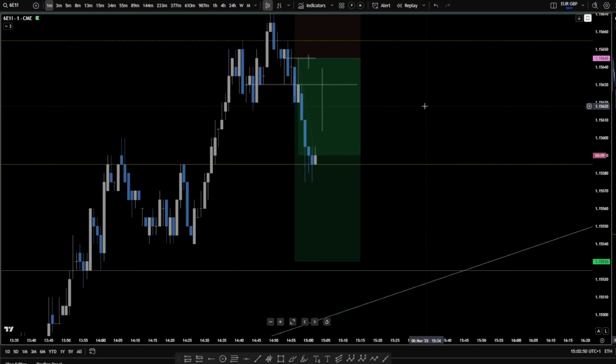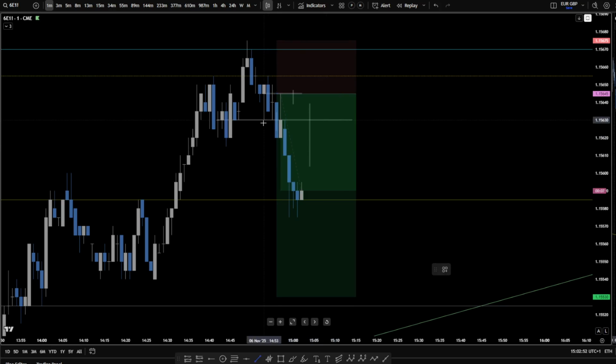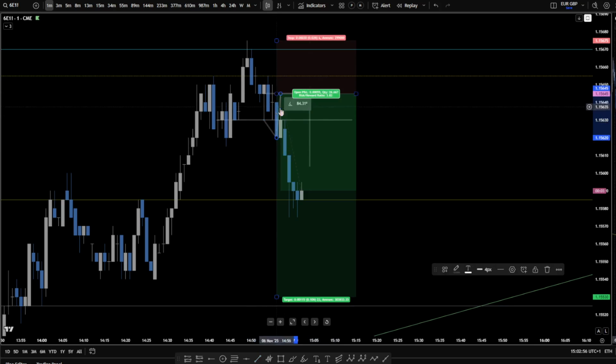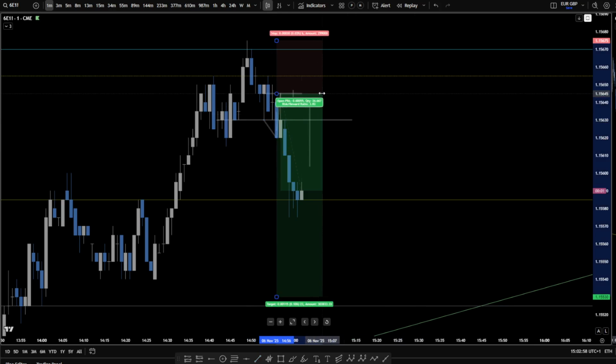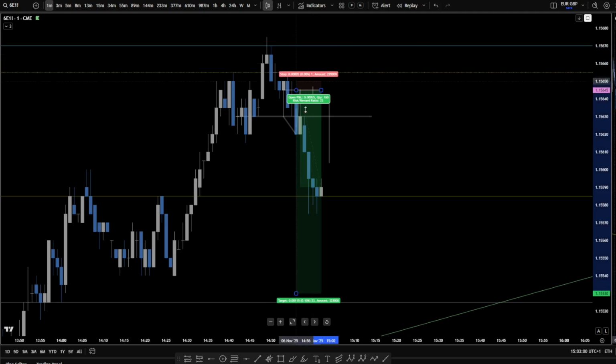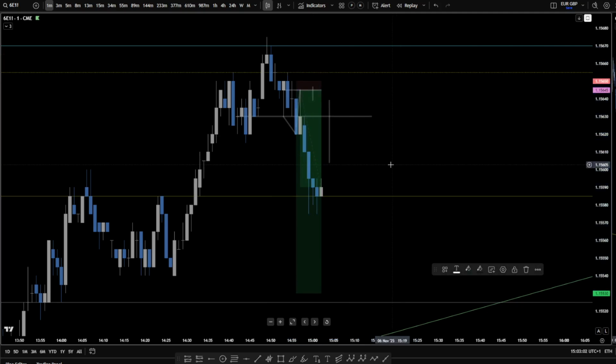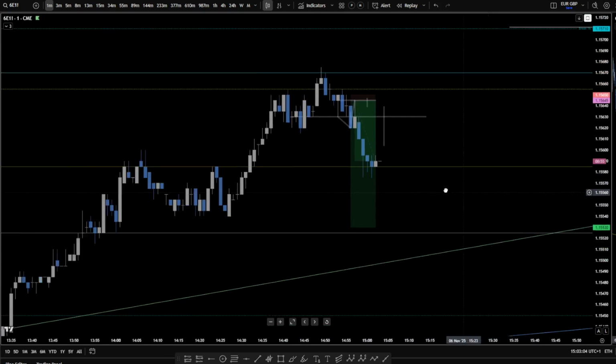So as I said, close 1 minute here, go to here, to this area, you have a perfect entry, move your stop to break even and let it play out.